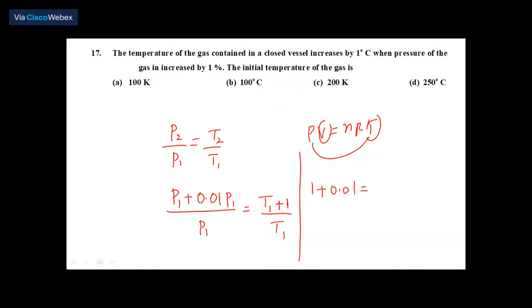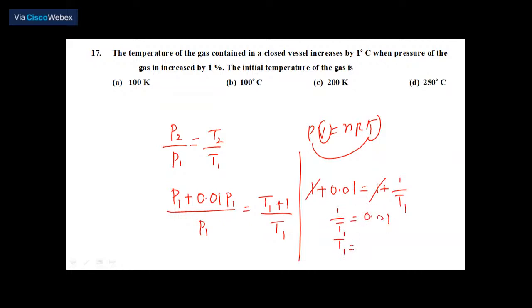That is equal to, over here, what do you get? T1 plus 1 by T1 is T1 by T1 plus 1 by T1. That is 1 plus 1 divided by T1. Right. Now these two 1s get cancelled. When you shift 1 to the other side, it becomes minus 1. They get cancelled. So 1 by T1 is equal to 0.01.